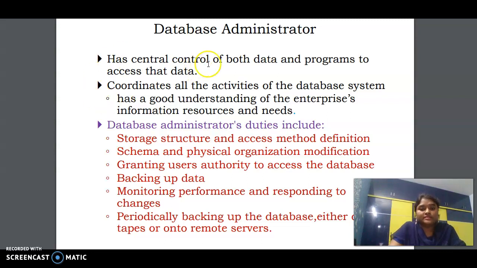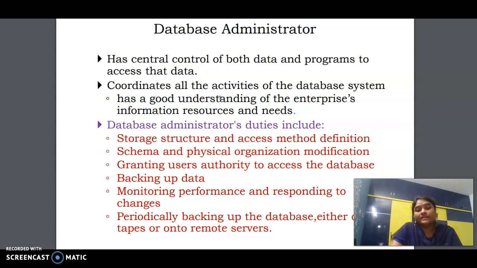He is centralized, the heart of the total data and programs. His involvement is there from the first to the last of the data. He controls all the data and programs to access the data, and he gives access to those people. Like students have only a few accesses, faculty have only a few accesses. So he will give the roles to particular persons. The principal can access all the departments.